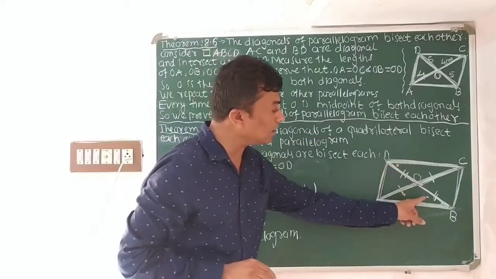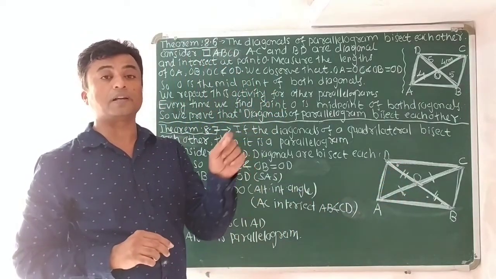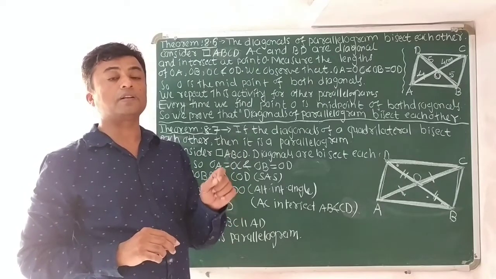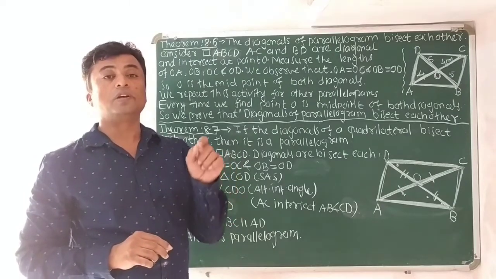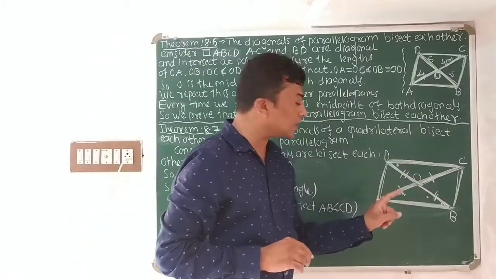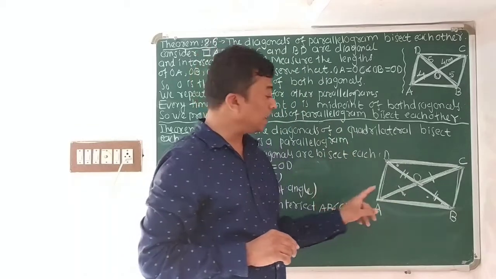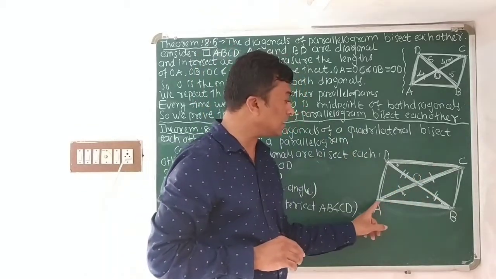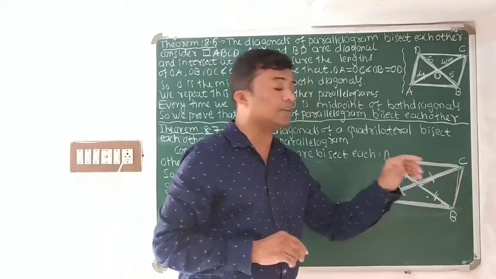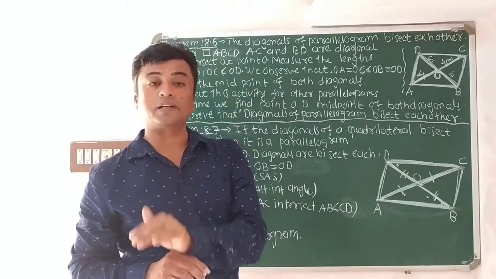And see children, they are alternate interior angles. When alternate interior angles are equal, where a transversal intersects two lines, those two lines are parallel to each other. Here BD is the transversal, and AB and DC are two lines. The transversal intersects line AB and line DC at two different points, and alternate interior angles are equal.